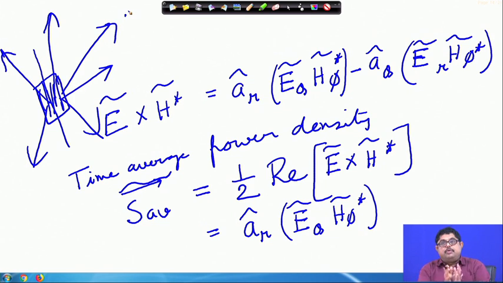I have said that no real antenna can radiate equally. Similarly, in all directions, that we will see just now, there is a shape to that, but power is flowing out. So, this is the proof that it is getting radiated.